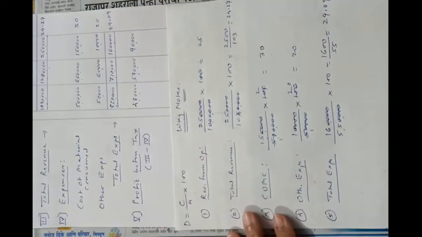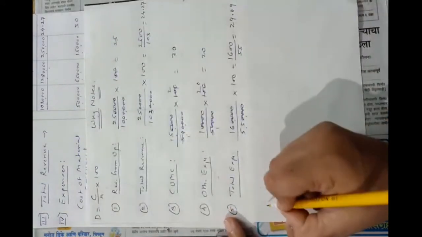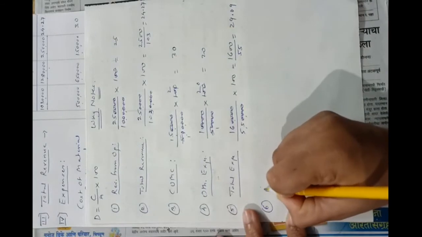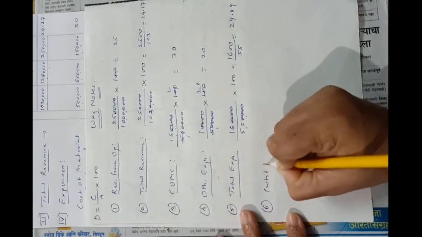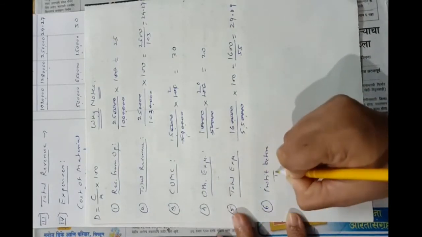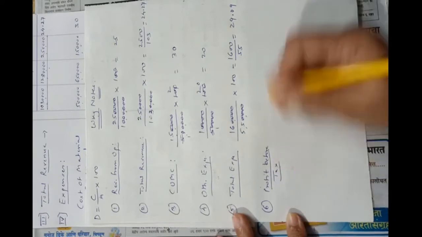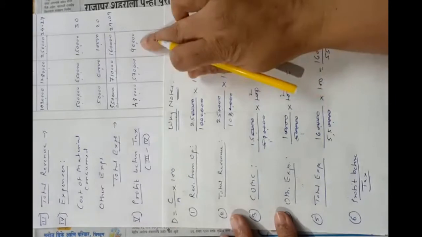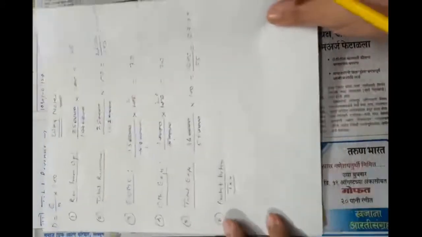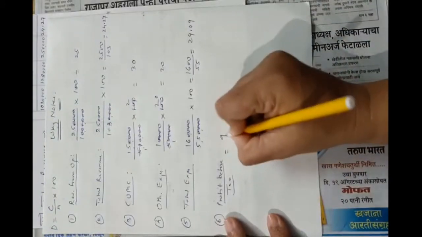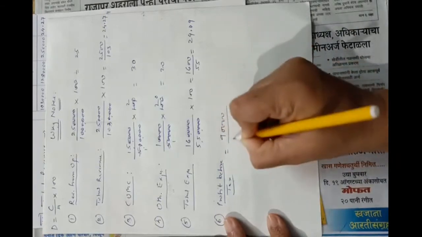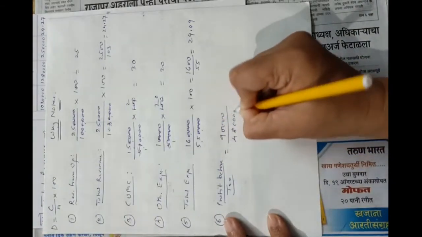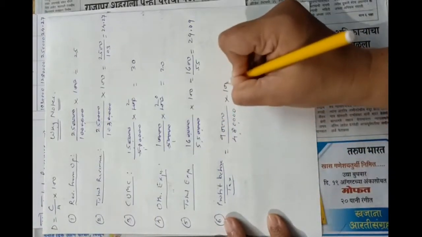And now the last item, profit before tax. 90,000 divided by 4,80,000 into 100.